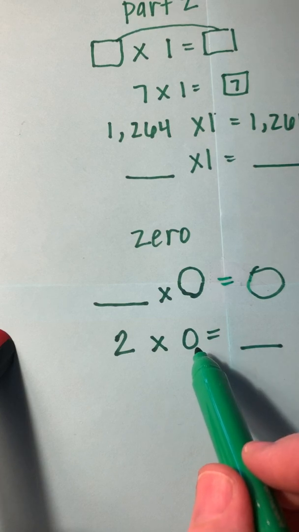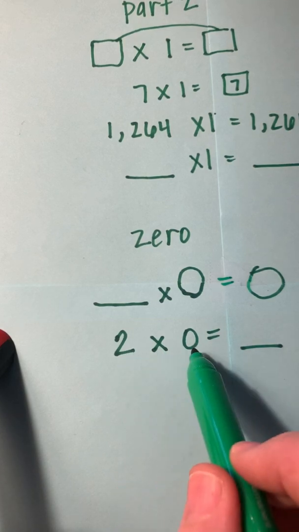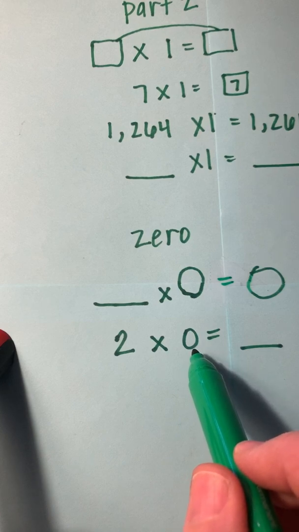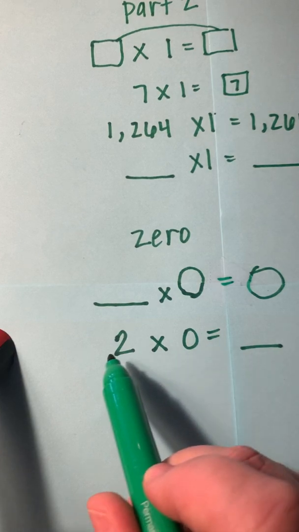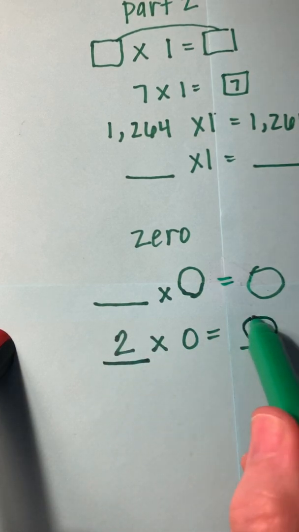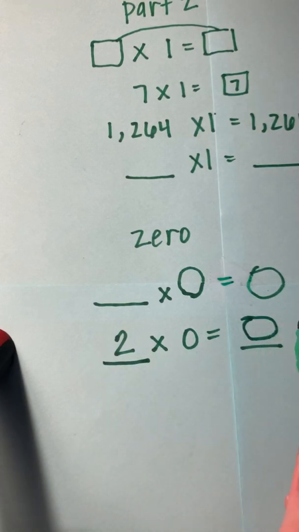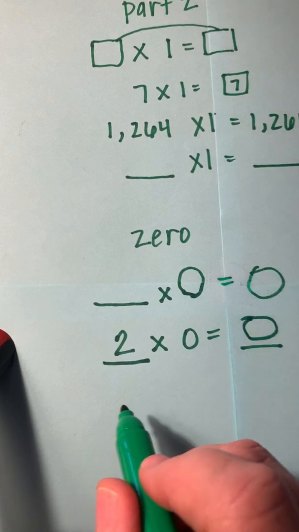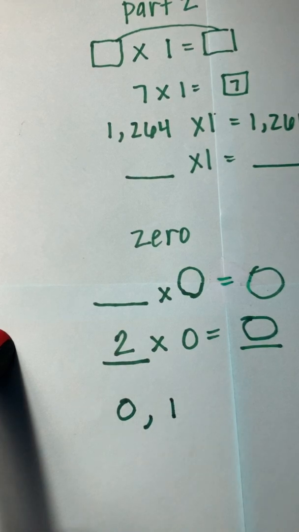Or you could say you have 0 groups, or you have groups of nothing twice. So any number in the world times 0 is always 0. A billion times 0 is 0. So now you've learned times 0 and times 1. Easy?